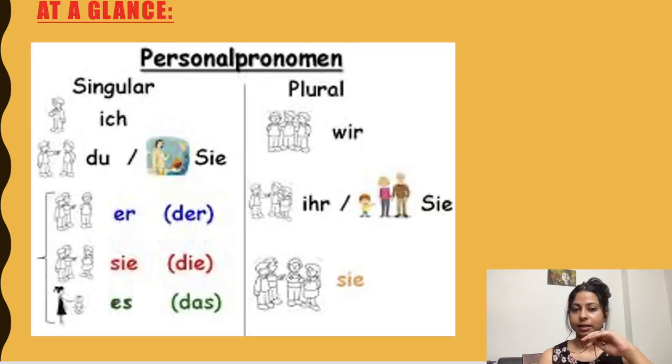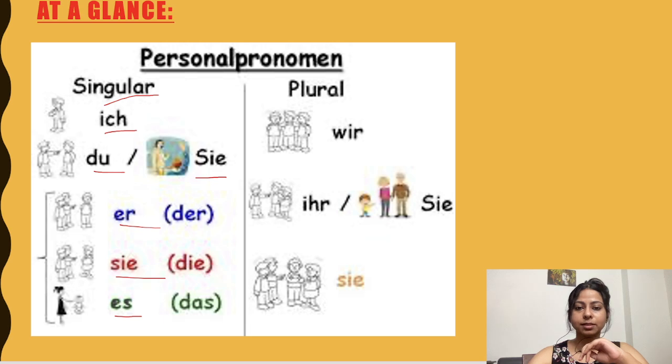Now let's quickly have a glance. So we learnt that personal pronomen singular is ich in first person, du in second person informal, Sie in second person formal, er, sie and es in third person singular.